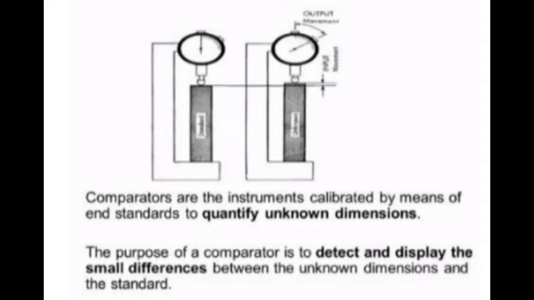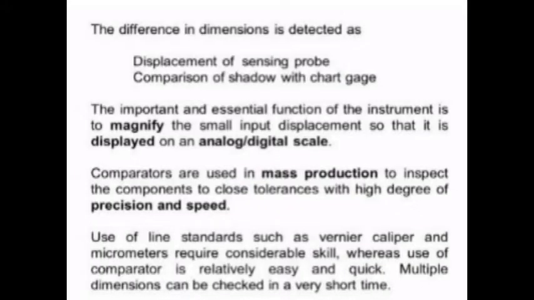The difference is also detected by comparing a shadow with a chart gauge, which we will discuss after some time. The essential function of the instrument is to magnify the small input displacement so that it is displayed on an analog or digital scale.